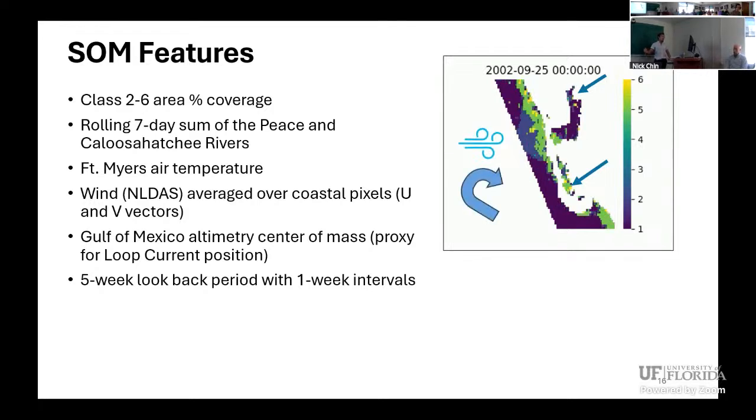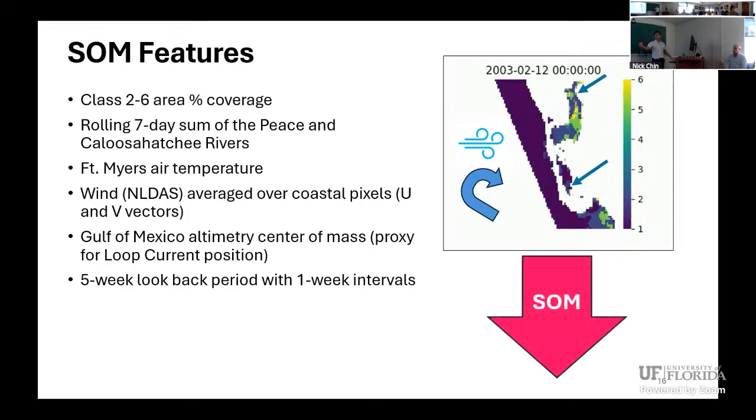Fort Myers air temperature and wind. And we're going to be using Gulf of Mexico altimetry center of mass, in other words, sea surface height. That has been used previously as a proxy for loop current position, that big ocean circulation pattern in the Gulf of Mexico. And we're going to use a 5-week look back period with 1-week variance for all these different ingredients.